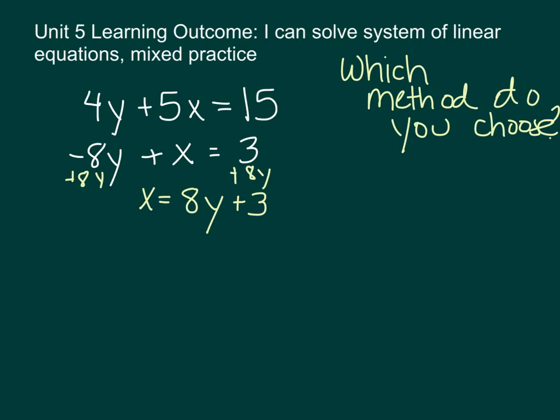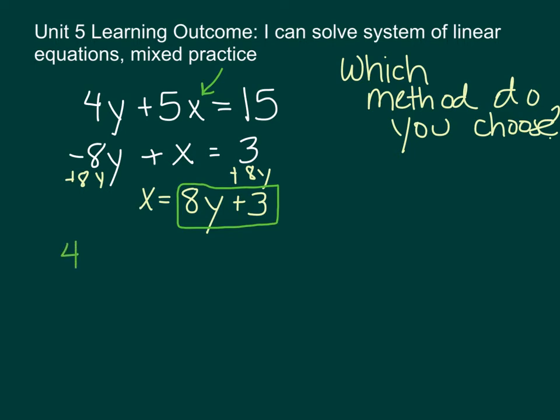Elimination seemed to go pretty well in class, so I am going to show this method with substitution right now. So I'm going to take this and plug it in place of the x.